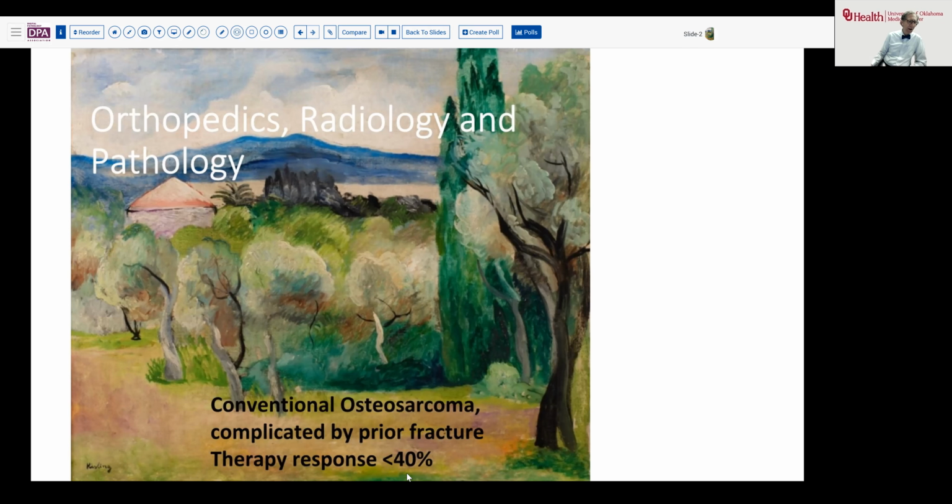So our final sign-out diagnosis was conventional osteosarcoma, complicated by a prior fracture, and therapeutic response less than 40% in the resected specimen.